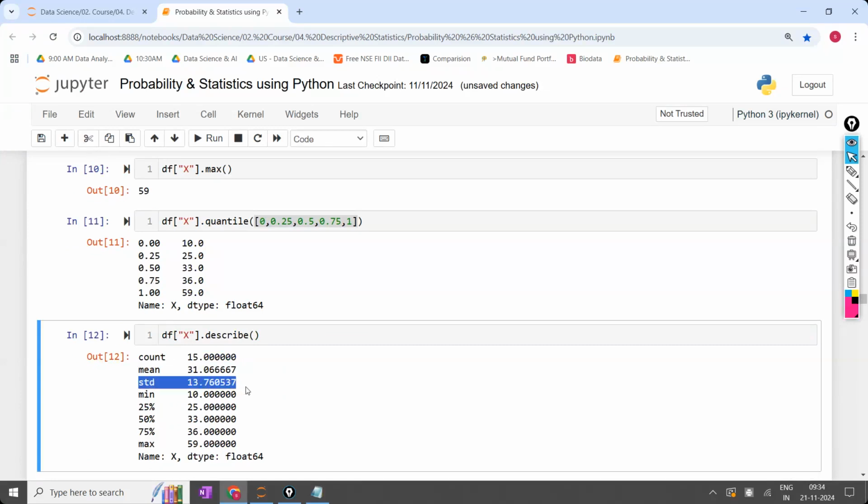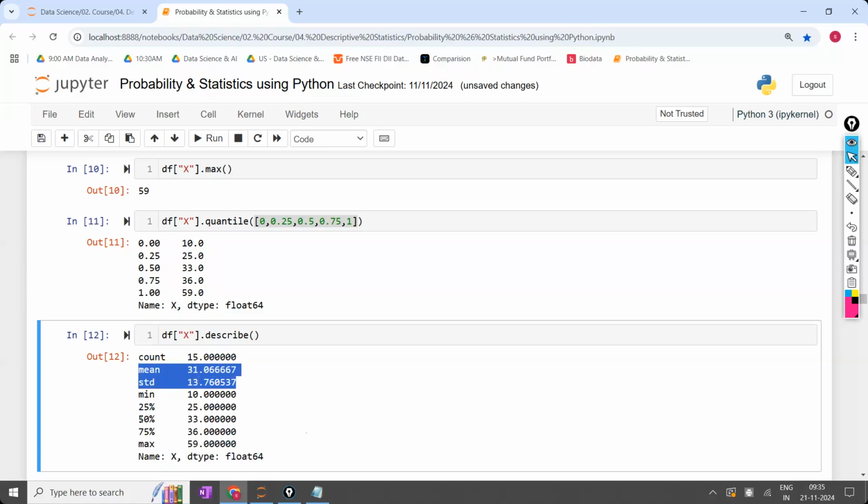Standard deviation 13.76. Then minimum value, 25 percentile, 50 percentile, 75 percentile, and maximum value. So it gives all these values, including the mean and standard deviation, along with the 5 numbers. Why does it give these two? Because for continuous variable, we have to apply mean and median.